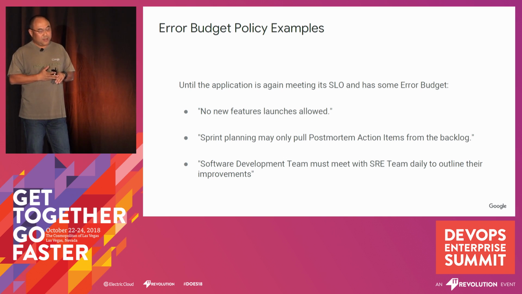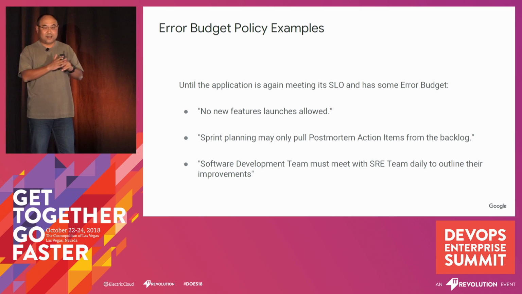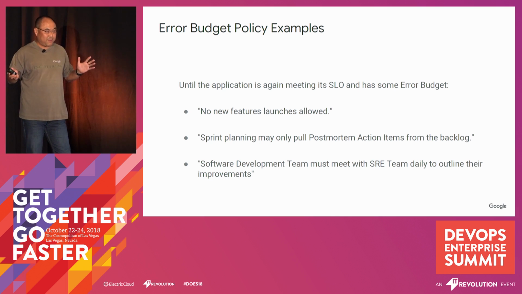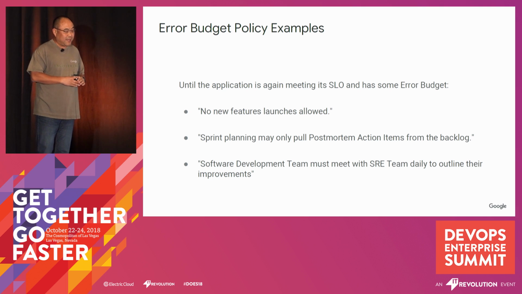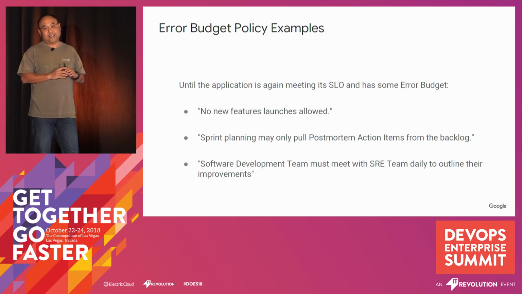Here is the example that as an SRE, we can stand and tell all the counterparties inside the company, feature developers, infrastructure, and many others, we said no new features launch allowed. Essentially, it means that we have the power to say feature freeze.